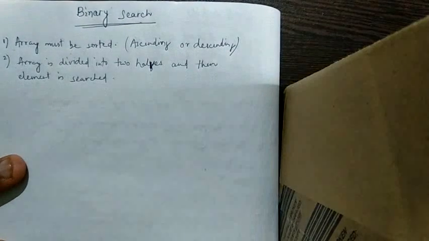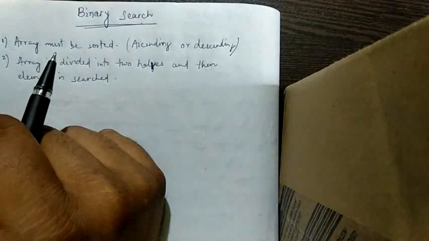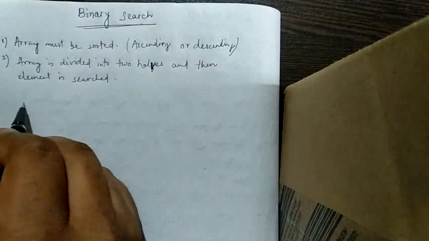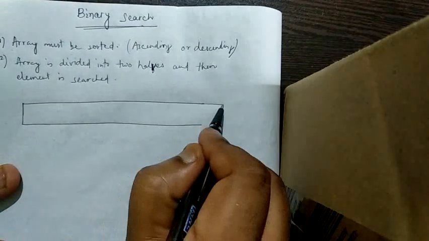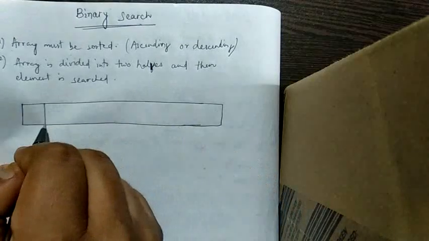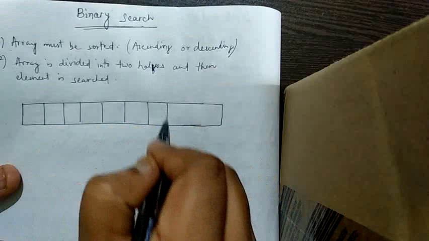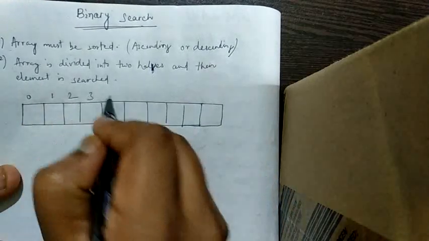I am not writing the entire program, I will write only the conditions. As you already know how to enter elements in an array, let us suppose we have already entered an array which consists of some 10 elements. So let us put the index numbers.